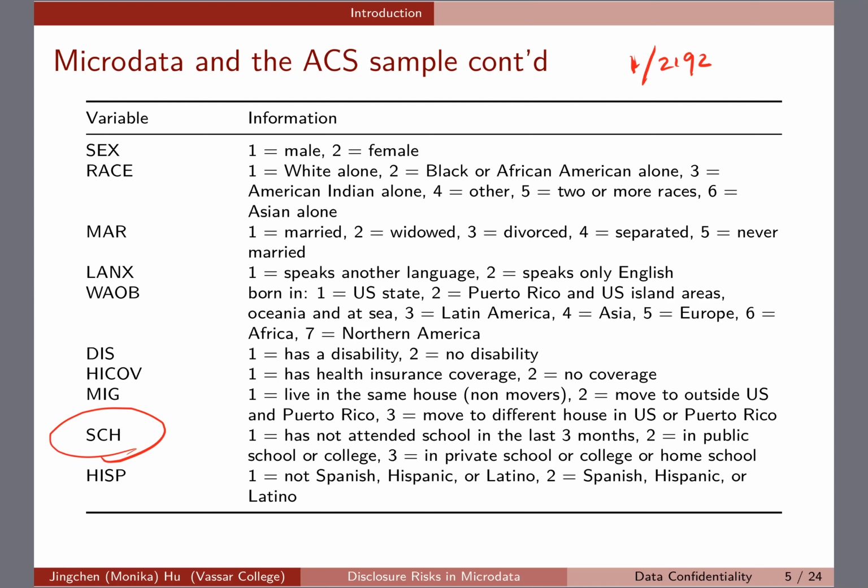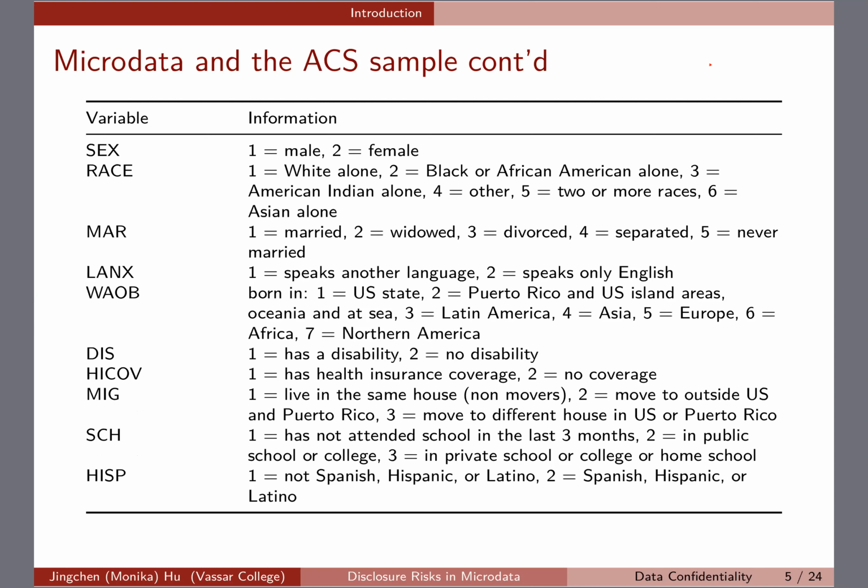We need to make sure that we know it for sure, and then we can evaluate whether it is a match. But for the intruder, they never know, so they are just doing their best guess. From our point of view, we want to provide any kind of data release, maybe through synthetic data, maybe through some other mechanisms, that we can make sure we are reducing the risk of disclosure.